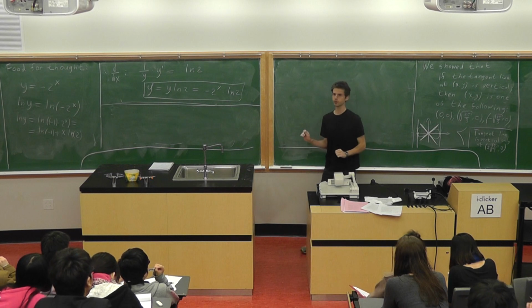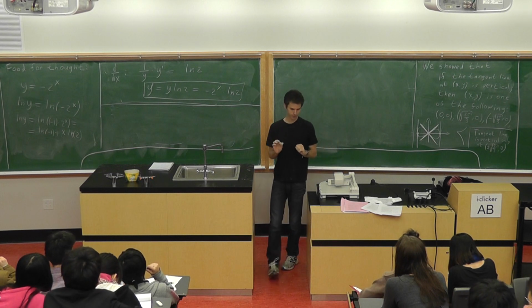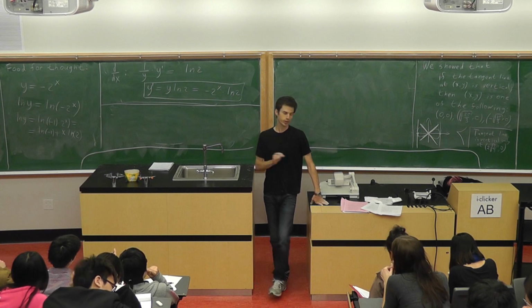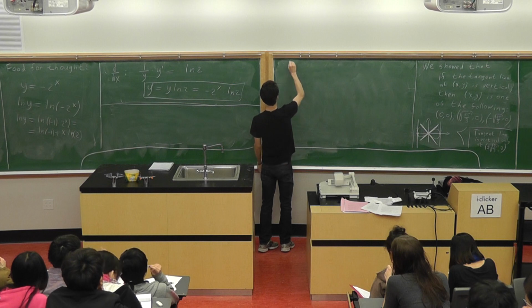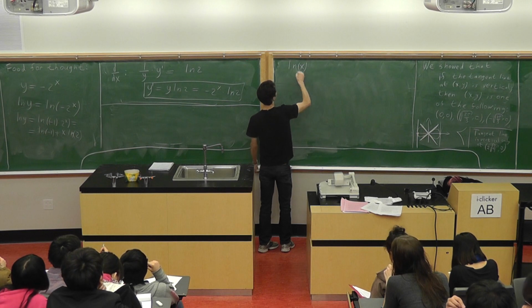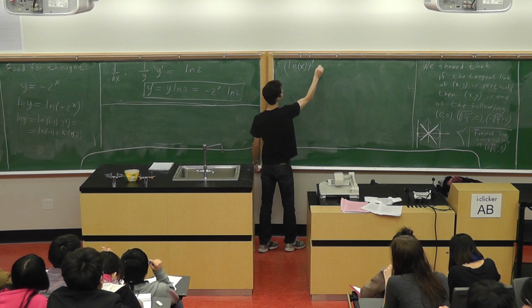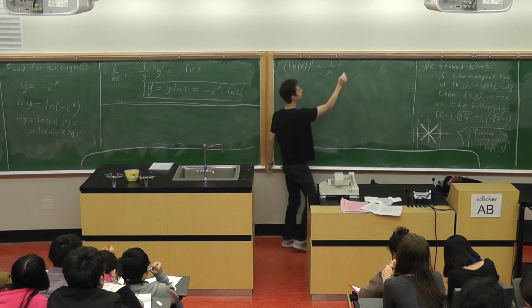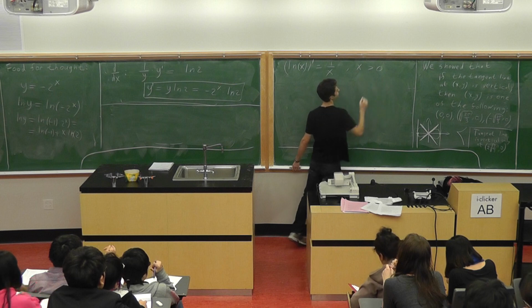Recall what we did when we discussed the derivative of logarithm. The derivative of logarithm we claimed was 1 over x, and this formula works for x which is positive.